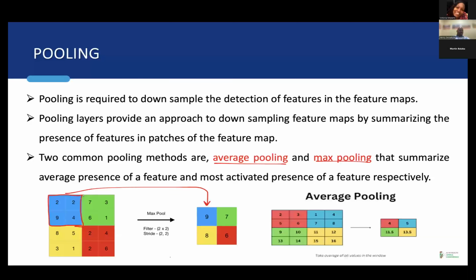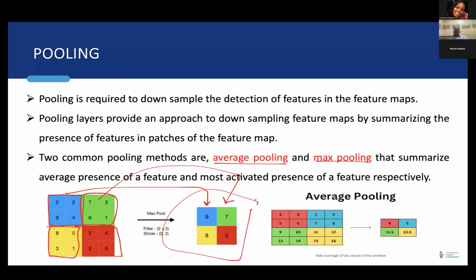So we move our filter to the next region, and we are implementing max pooling. Amongst the values that you see, they picked out 7 because it is the maximum value. So that is how max pooling works. You move the filter again, you pick out the maximum. This time round, it's 8. You move the filter again. This time round, it is 6. So after performing max pooling on this image, this is the result that you get.